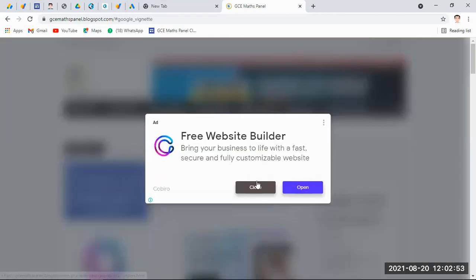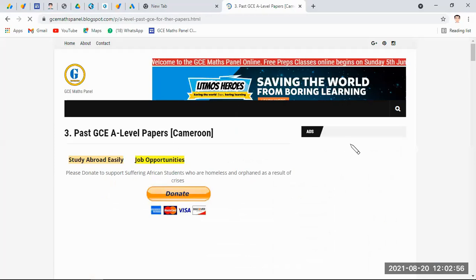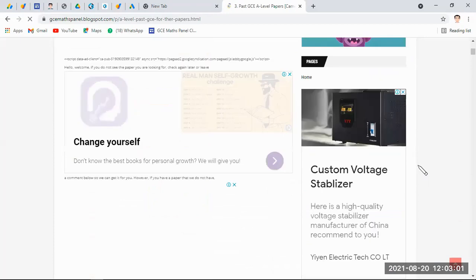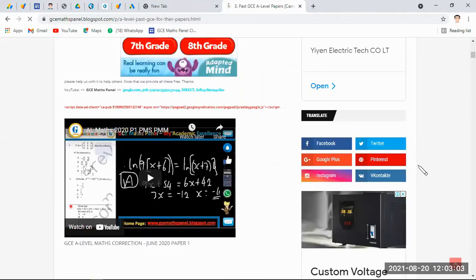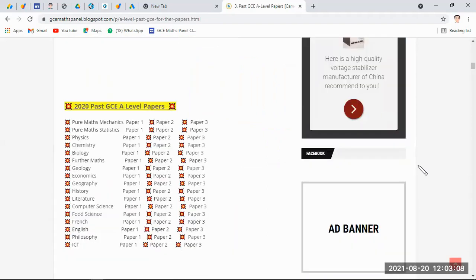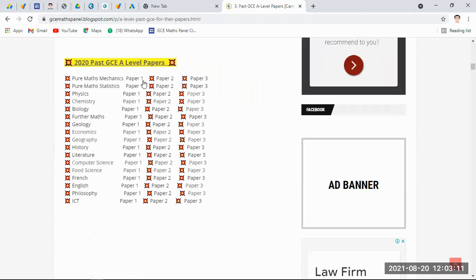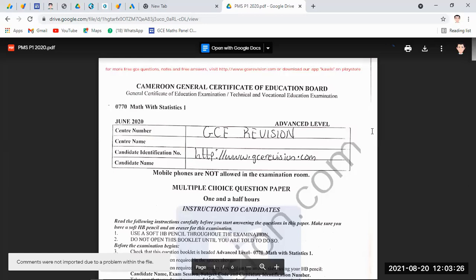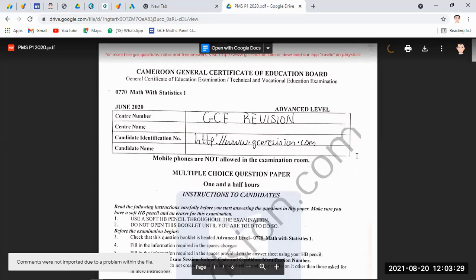If you click here, it takes you to the A-level papers, the past papers for the past years. You have to go down a bit before you start seeing the papers. So this is 2020. We have not yet put 2021. If you click on any paper, the paper will open automatically. If you are doing statistics, for example, and you click on statistics, it opens automatically. One click. You don't have to sign in or use any password. The paper just opens and you can decide to download, or you can just work with it directly as it is there.